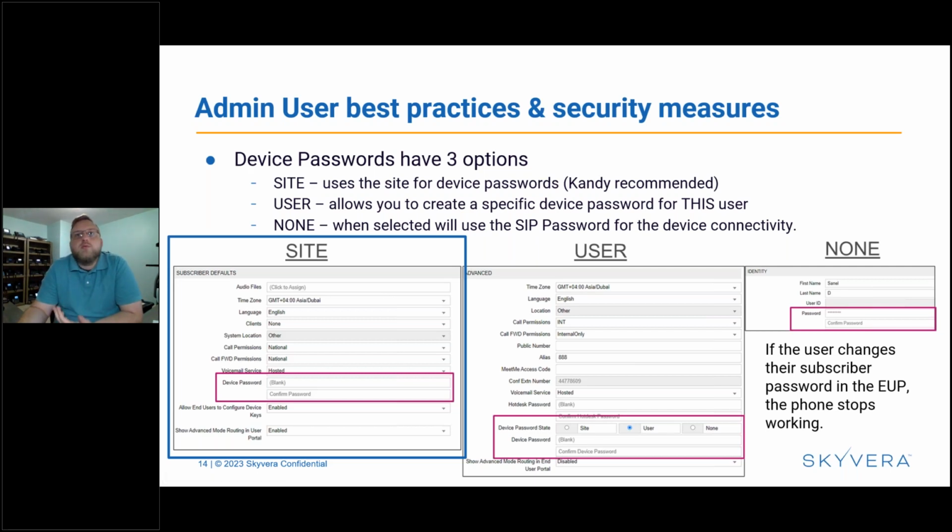It's good when you're working in a very small test environment or something like that, but outside of that, it's not the best option. Again, the recommendation that we would have is that you use the site password and you use a really encrypted password generator to create that device password.